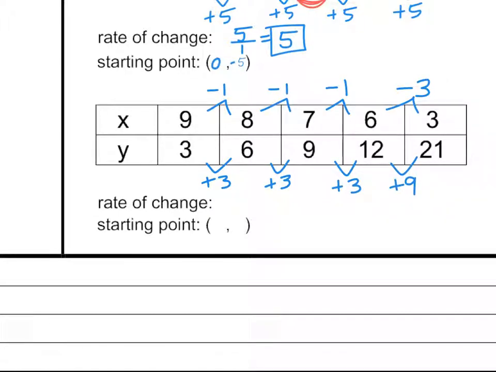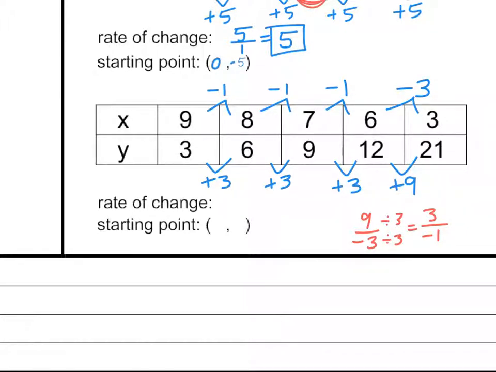So it just looks like it skips some numbers here. You really only need one pair of numbers. So if we wanted to choose like 9 over negative 3, that would simplify. We divide both the top and the bottom by 3. It would simplify to the same thing, 3 and negative 1. So it really didn't matter.